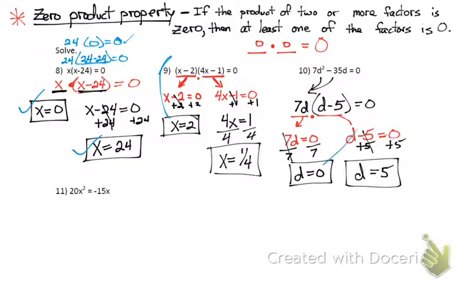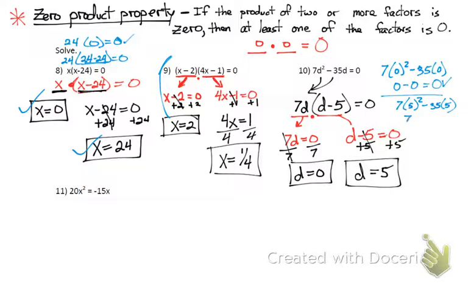And a simple way to check this is to just plug those numbers back in. Up here, if you plug 0 in there, you'd have 7 times 0 squared minus 35 times 0. Well, that's 0 minus 0. Obviously that's going to equal 0. But what about this 5? If you plug 5 up there, I'll check that real quick. 7 times 5 squared minus 35 times 5.